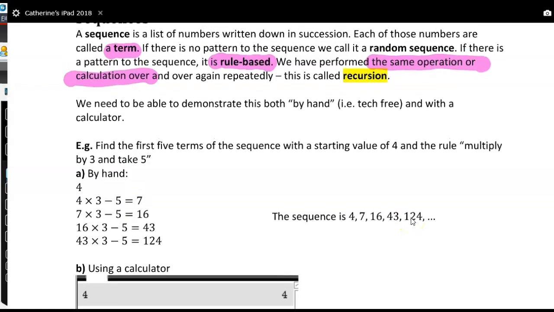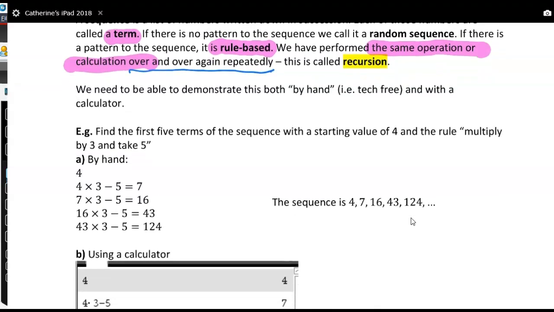So recursion is doing that same thing over and over again. So it's adding the same amount each time, taking away the same amount each time, multiplying by the same factor each time. This is recursion.